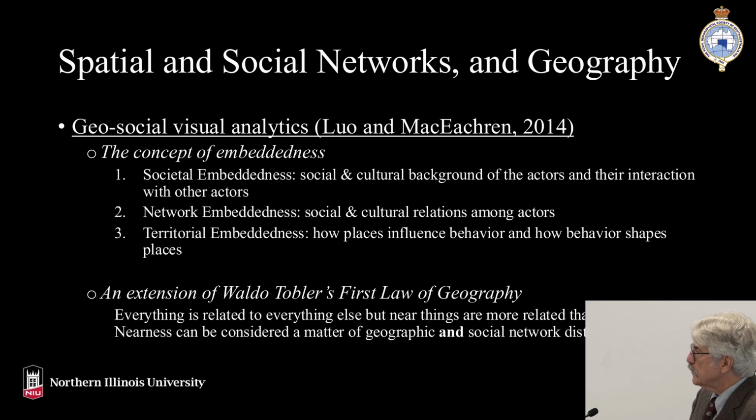We don't have to get too much detail about it, but there's this idea of social and network embeddedness. Okay, what's the influence of society and culture on the agents? And then as they come together, their relationships, how do they form a network, and how these networks become places, and how they may influence behavior, and how that behavior may also influence the place. This is some ideas they're putting forth.